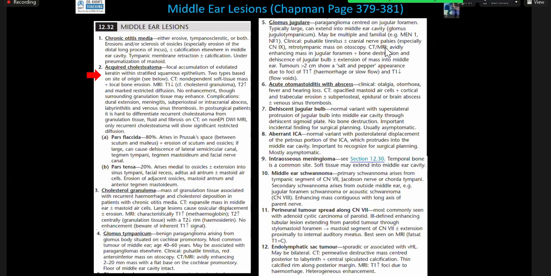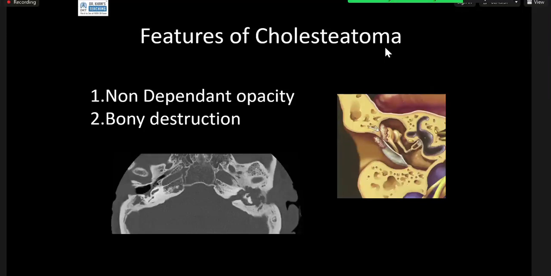So this is always going to be a clinical diagnosis: chronic otitis media, rule out a cholesteatoma. On CT we are not very good; about 50% of cholesteatomas can be picked up.